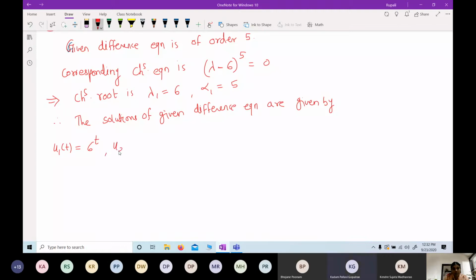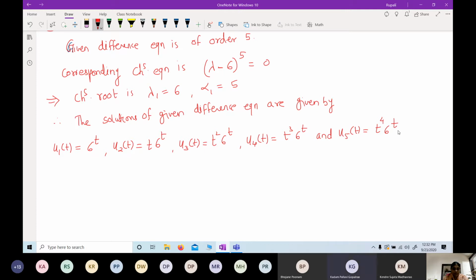U2t is t into 6 raised to t. What is U3t? t square into 6 raised to t. U4t is t cube into 6 raised to t, and U5t is nothing but t raised to 4, like alpha 1 minus 1 means 4, that many, times 6 raised to t.